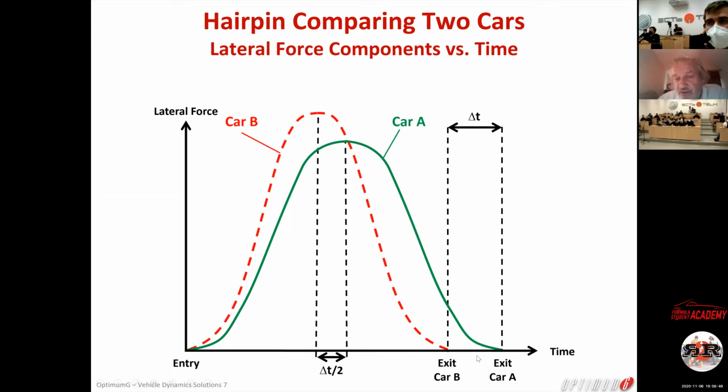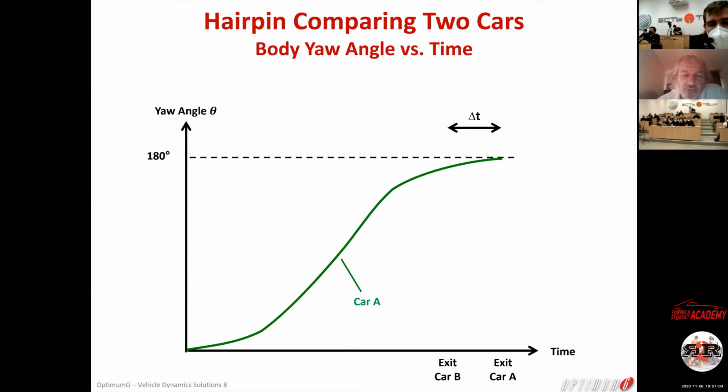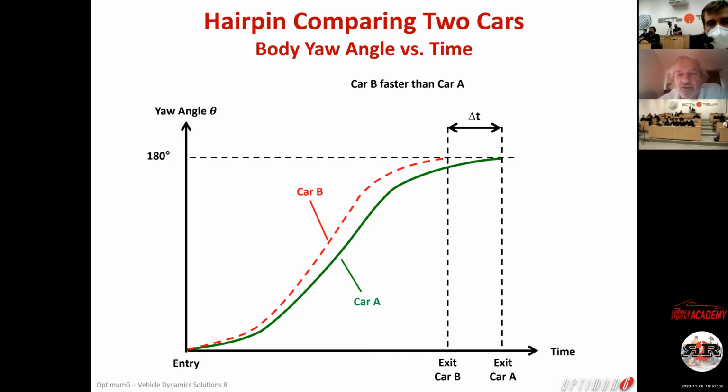And let's say that if you gain 1/10 of a second, that means that the peak of lateral G is 1/10 of a second earlier. Good. Now, your car will rotate, let's say it's a hairpin, 180 degrees, and you agree that you will have finished the 180 degrees earlier, okay?